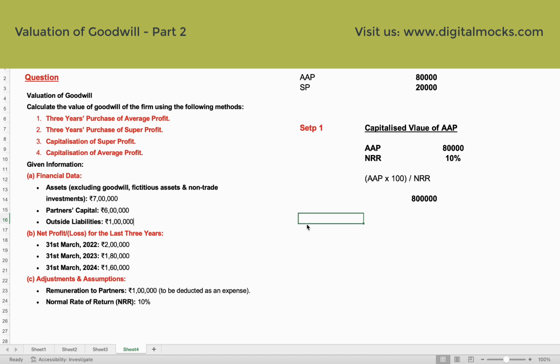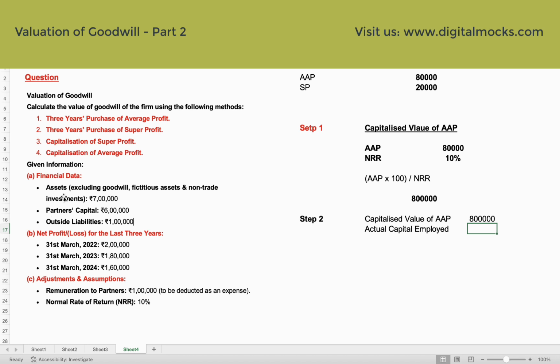Now we go to step 2. In step 2, we will compare this capitalized value with the actual capital employed. So we need two things: the capitalized value of AAP, which we have already calculated, 8 lakh rupees, and the actual capital employed.